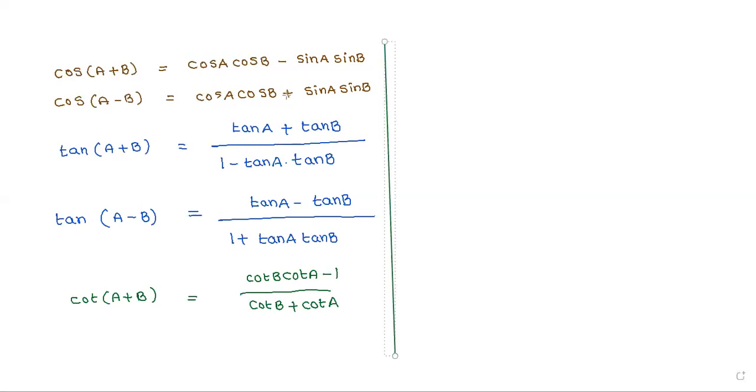Cot of a minus b is equal to cot b cot a plus 1 by cot b minus cot a.